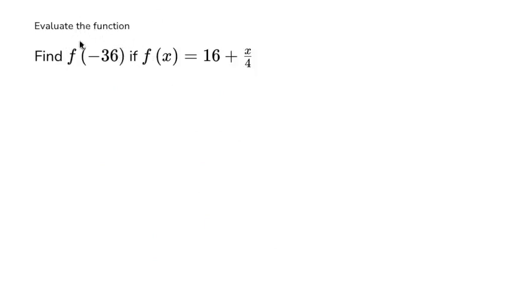Here's another function to evaluate. We want to find f of negative 36 if f of x equals 16 plus x over 4. So we're going to substitute negative 36 for x on the right side of the function here. So we have f of negative 36 equals 16 plus the input, divided by 4.